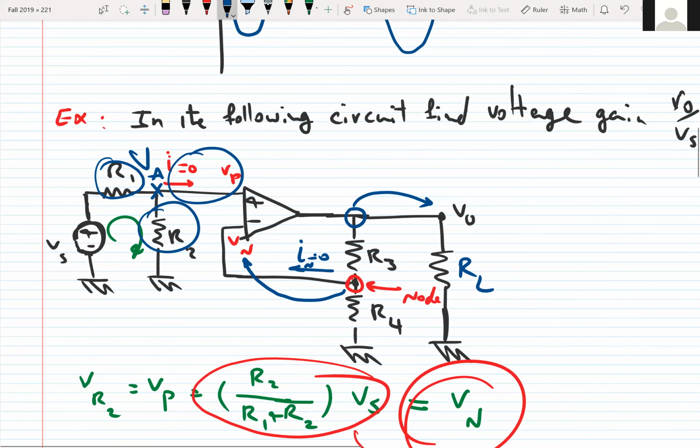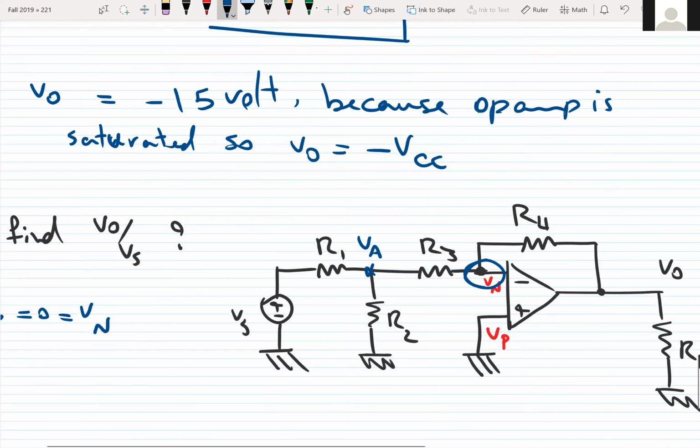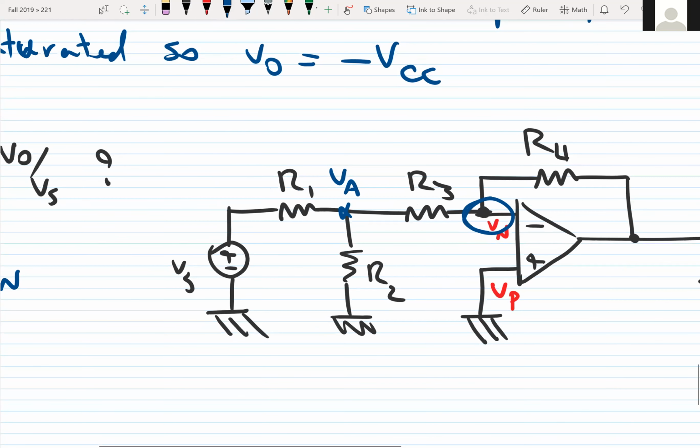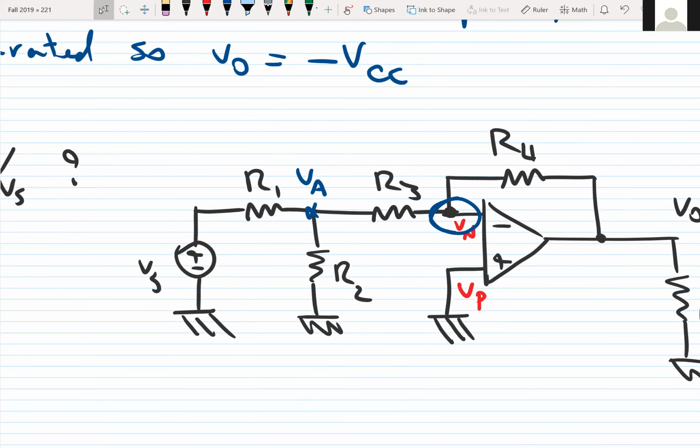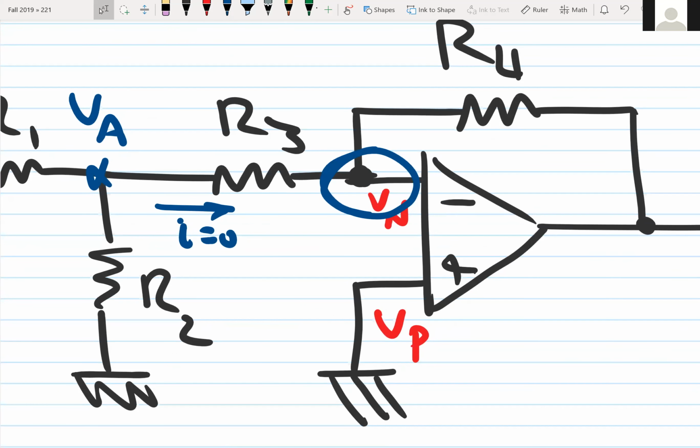Can we do the same thing in this example or no? Let's take a look. In the last example that we just saw, there was no current moving here. The current was equal to 0. Is the current moving through R3 equal to 0 or no? Just send me the answer in your chat box.